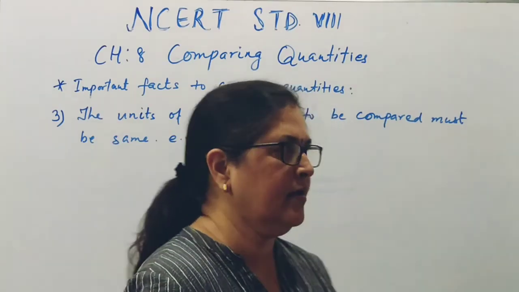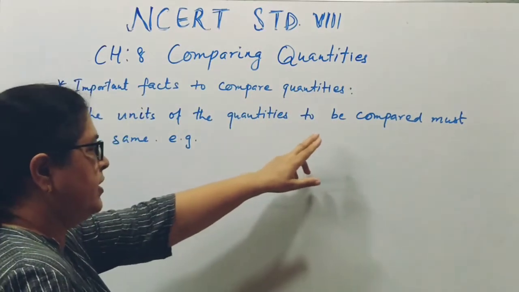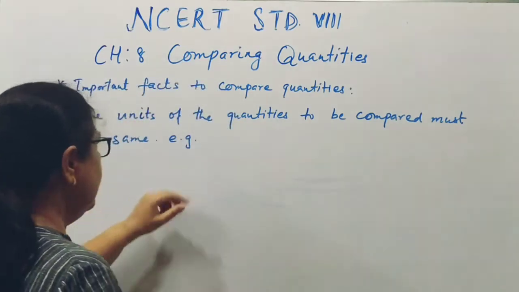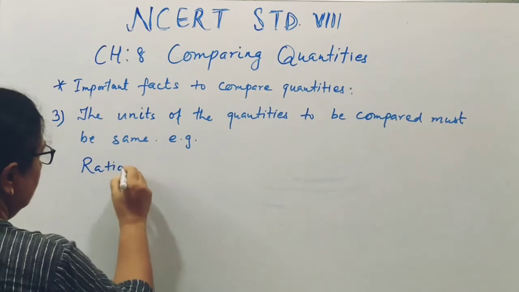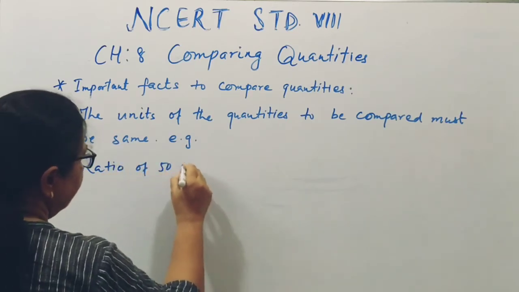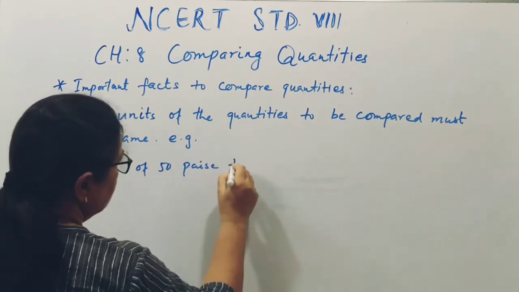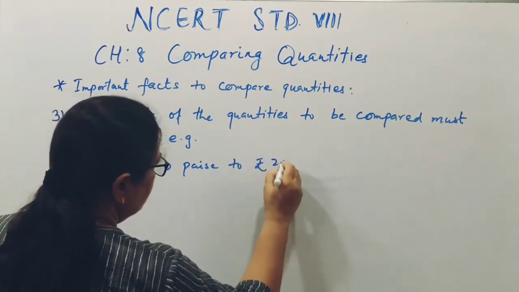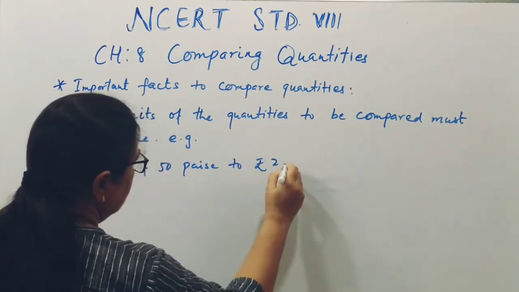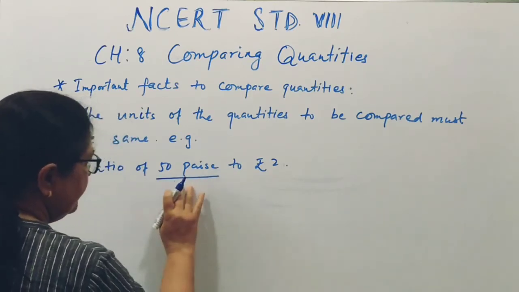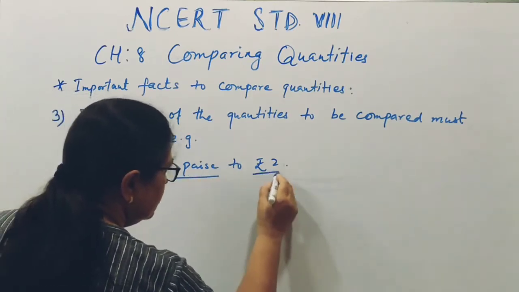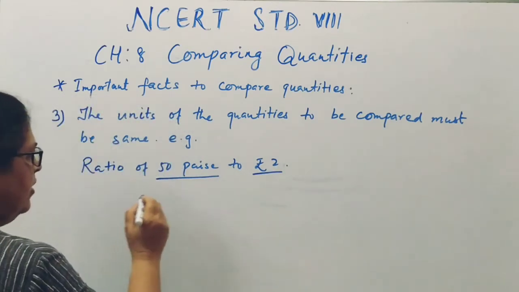Next, the third fact, the units of the quantities to be compared must be same. For example, ratio of 50 paisa to rupees 2. Here either we need to convert this paisa into rupees or this rupees into paisa.